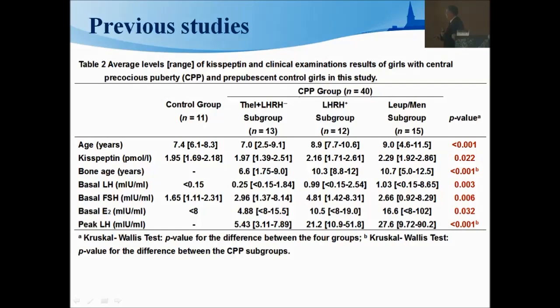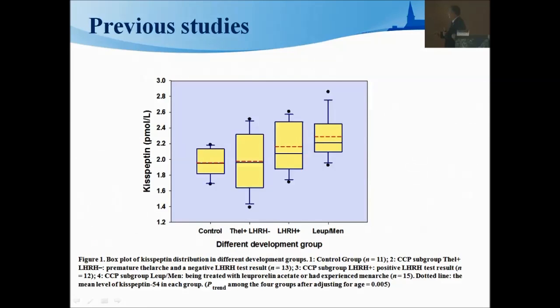The P trend among the 4 groups after adjusting for age is 0.005, and this shows the puberty degree has a significant positive correlation with the phthalate.